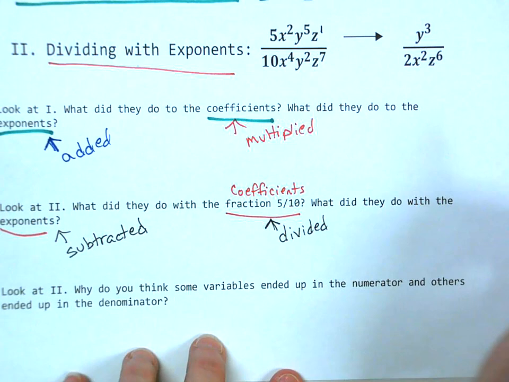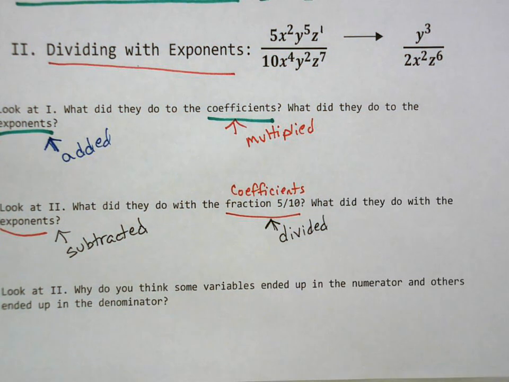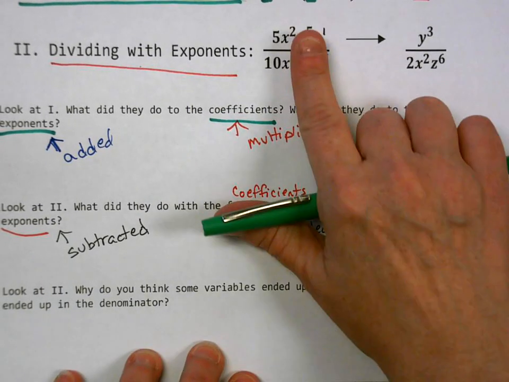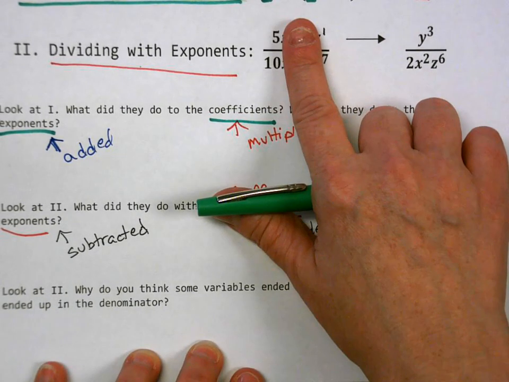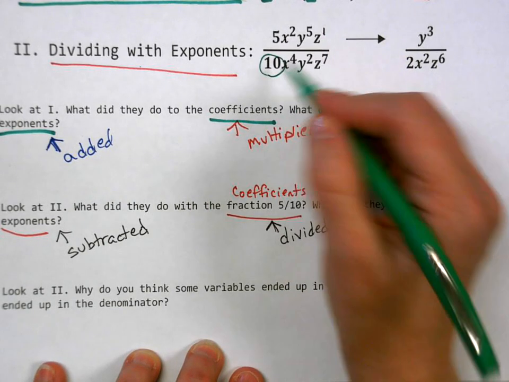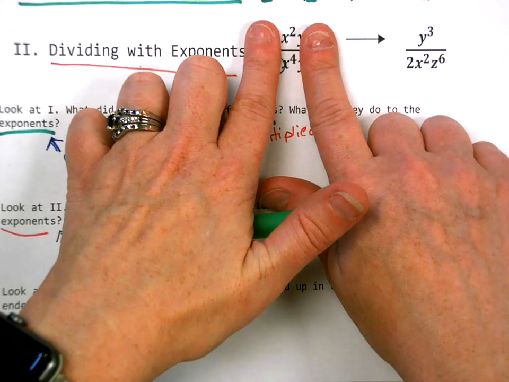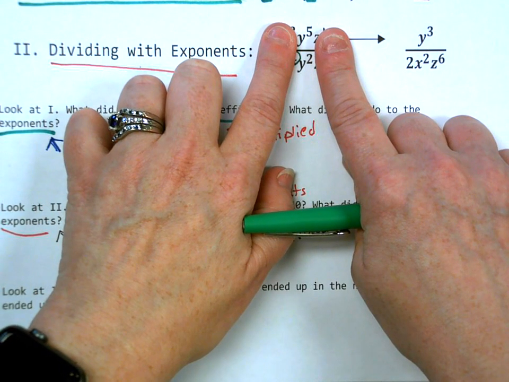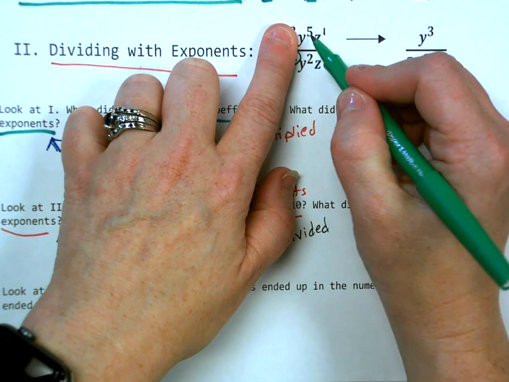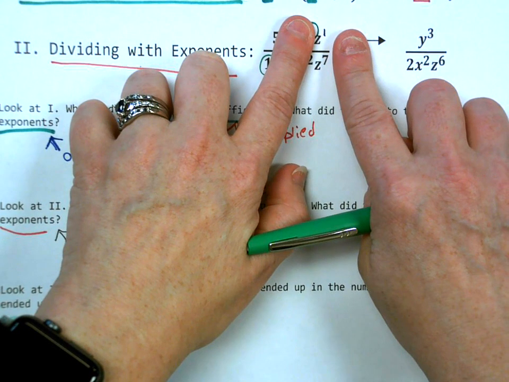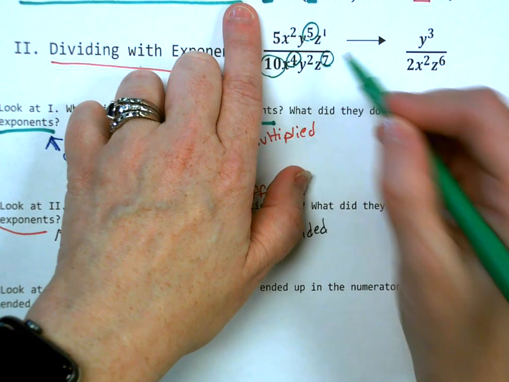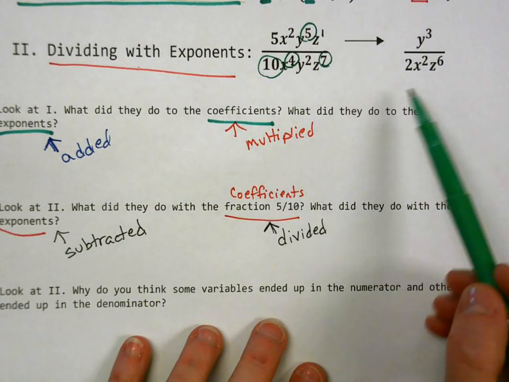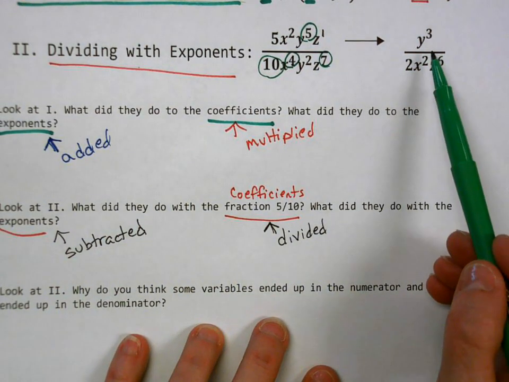So what do you notice about where they ended up? Okay, they split places. Which one is bigger of the 5 and the 10? The 10. Which one is bigger of the 2 and the 4? Oh, the biggest went to the bottom. Which one is bigger of the 5 and the 2? Which one's bigger of the 1 and the 7? 7, I think. Okay, so which ones ended up in bottom and which ones ended up on top?